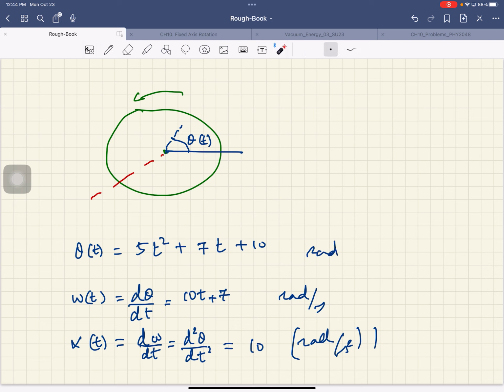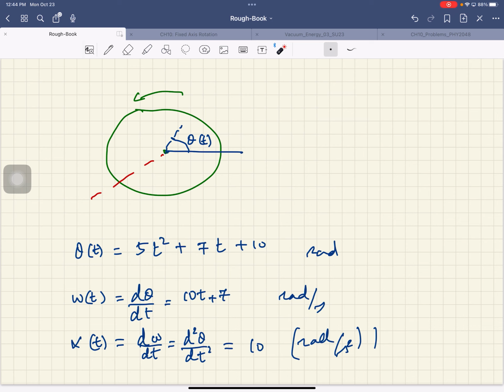Okay. All right, so you'd seen this before. When the position is a quadratic function of time, acceleration is constant. Okay, so you saw that. When position is a quadratic function of time, velocity is a linear function of time, and acceleration is constant.